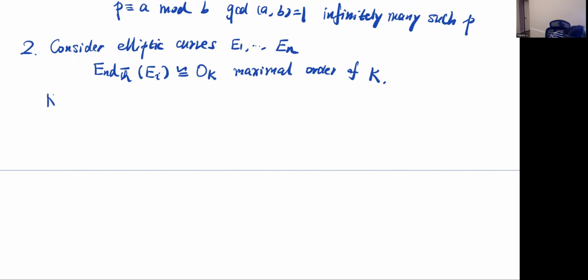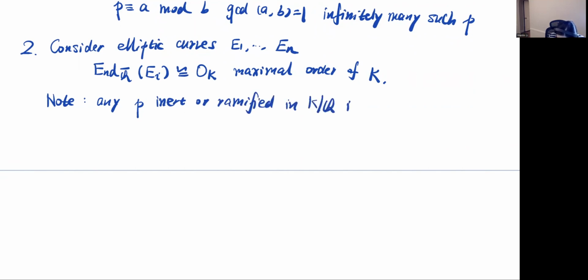Note from Shimura-Taniyama, any P that is inert or ramified in K over Q is a supersingular prime for all of these E_i. It doesn't matter which one it is. As long as P is an inert or ramified prime, any of these E_i will reduce mod P to a supersingular curve.